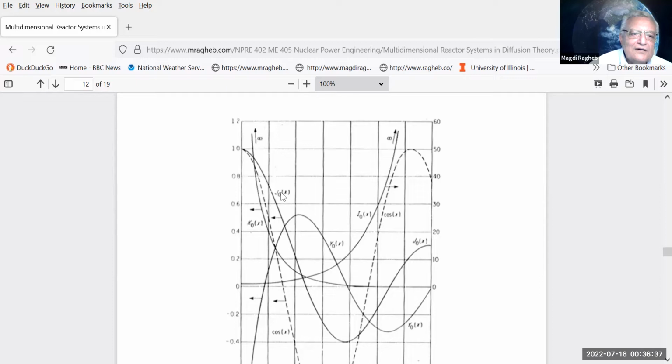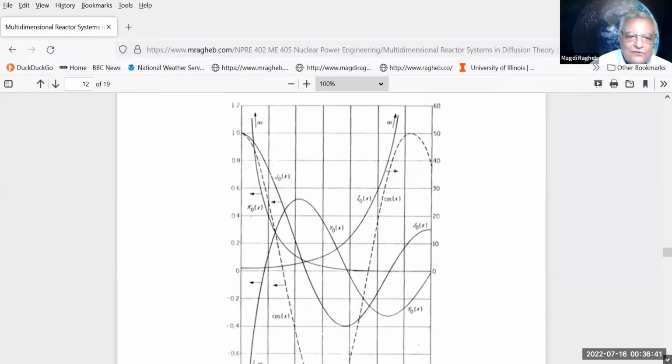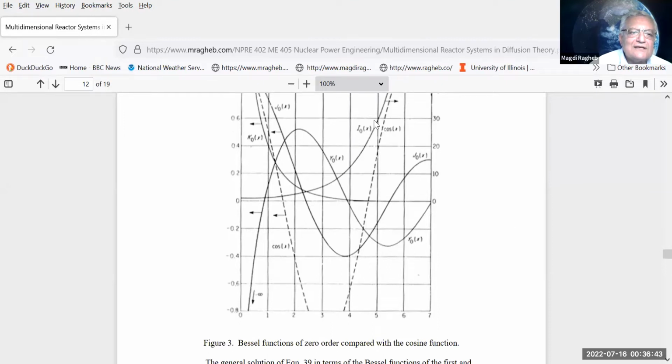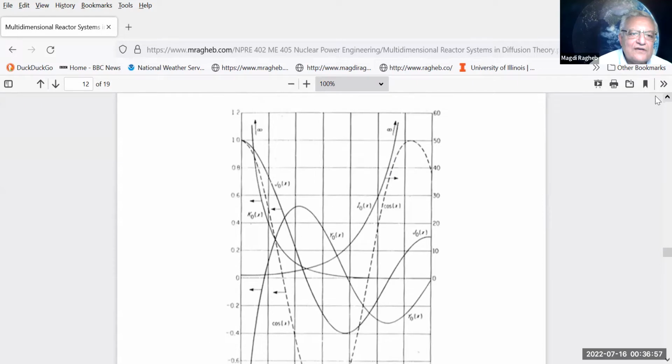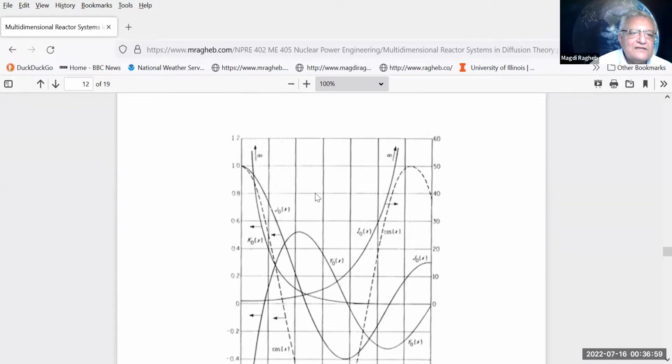The Y naught function in the second term of the solution looks like the sine curve, except that it doesn't start at 0. It starts at -infinity. It comes from -infinity and goes up and fluctuates up and down. The modified Bessel function, K sub 0, comes from infinity, as you can see here.